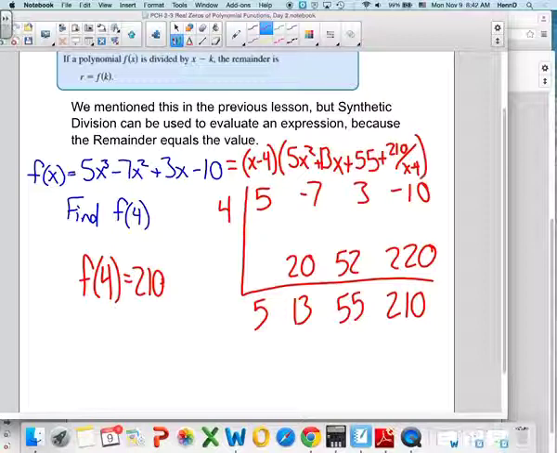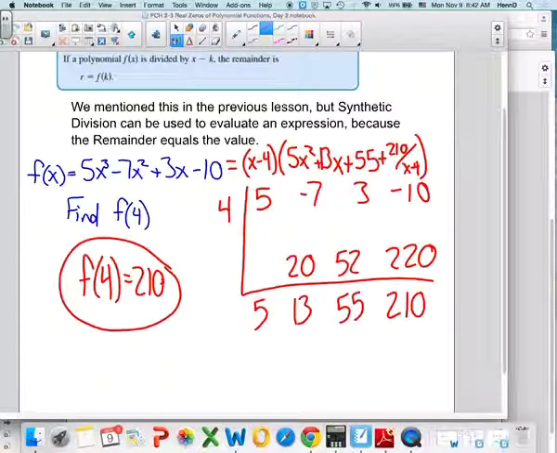Alright, so this process tells us this is true, as we saw on Friday, but now we also see that this same process gives us the value of the function at 4. Okay? So, a nice process to use to give us really two useful pieces of information. Any questions about this? Alright, good. So that's our remainder theorem.